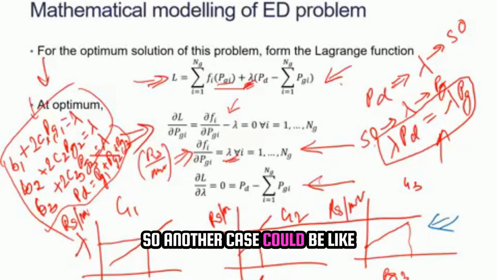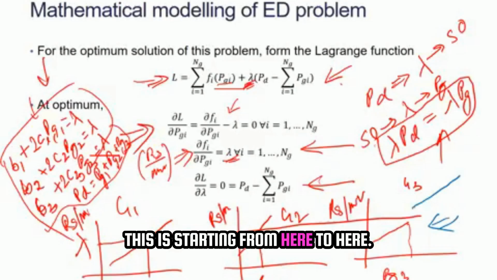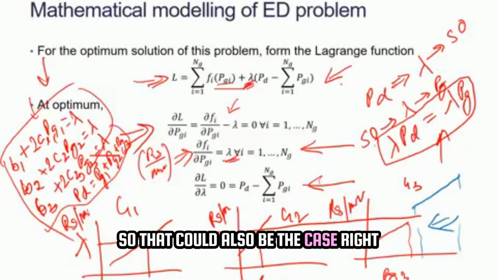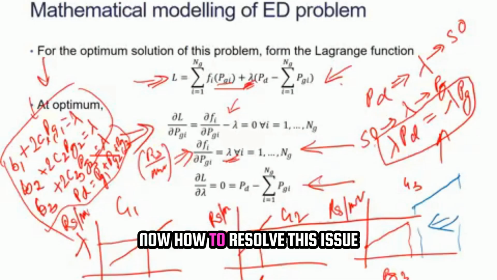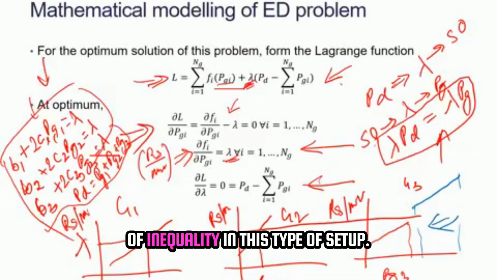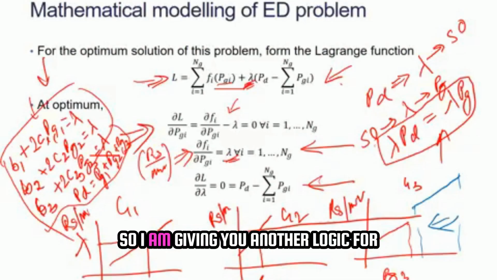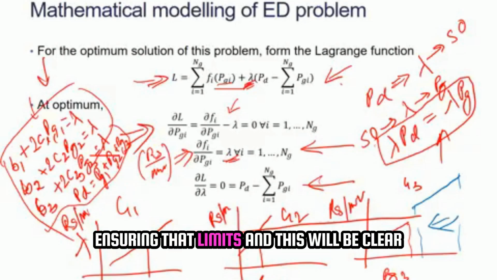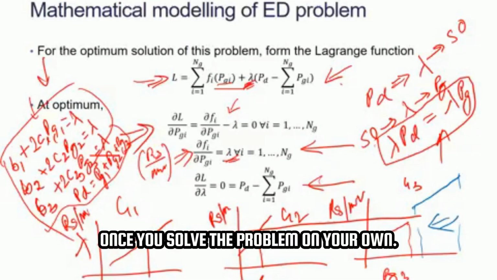Another case could be where the range is from here to here, so this is Pg min and this is Pg max. Now how to resolve this issue of inequality in this type of setup? I'm giving you another logic for ensuring the limits, and this will be clear once you solve the problem on your own.